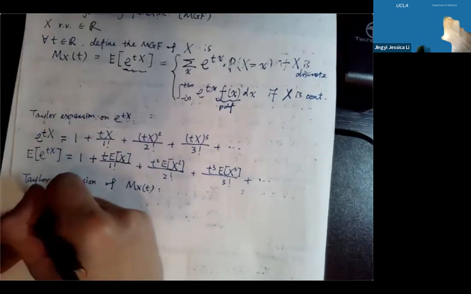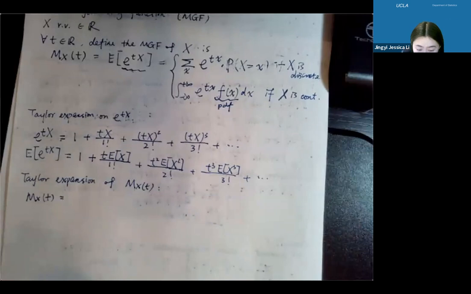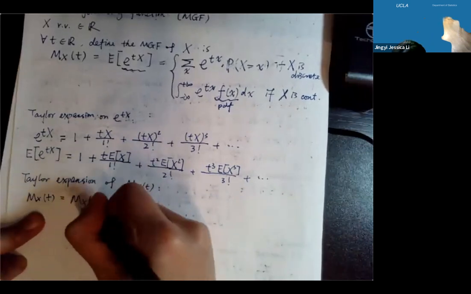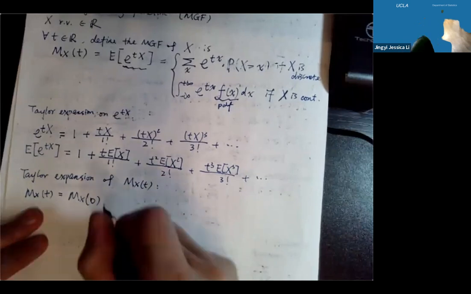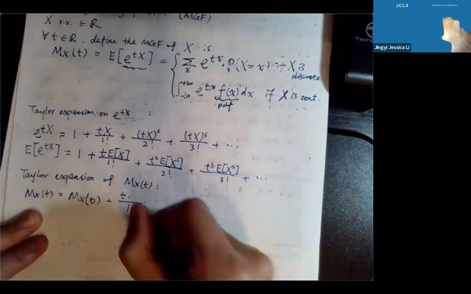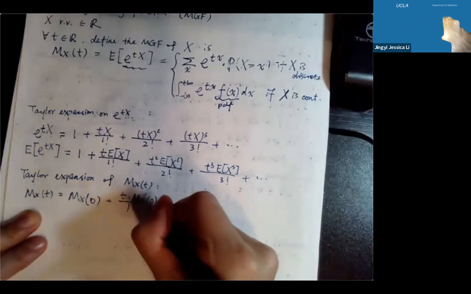I'm going to do this Taylor expansion on this function of t. So you can see that by the definition of Taylor expansion, if I expand it around 0, I have M_X(0) here plus, again, 1 factorial times t times the first derivative of M_X at 0.